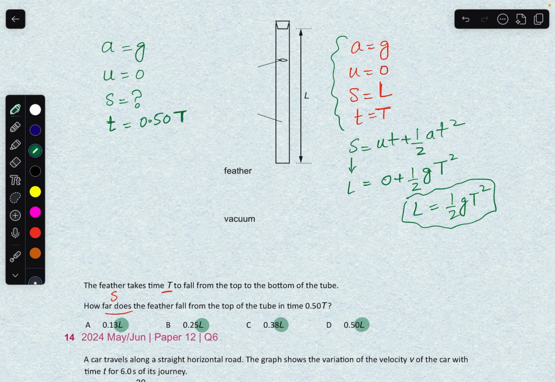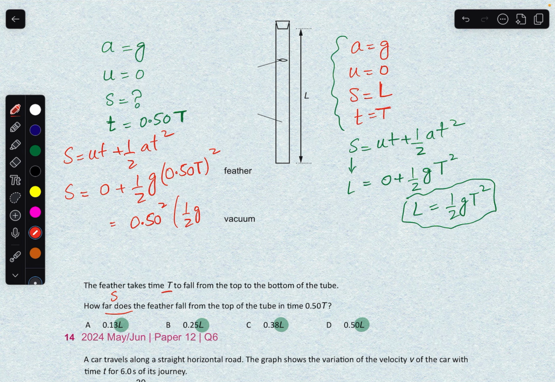So the same equation can be applied with the different conditions. We know s is equal to, in that case, u is 0, half a is g, and t is basically not capital T, but it's 0.50 of T, and there is a square on it. So when you simplify this thing, I can write it as 0.50 square into 1 by 2 g T square.